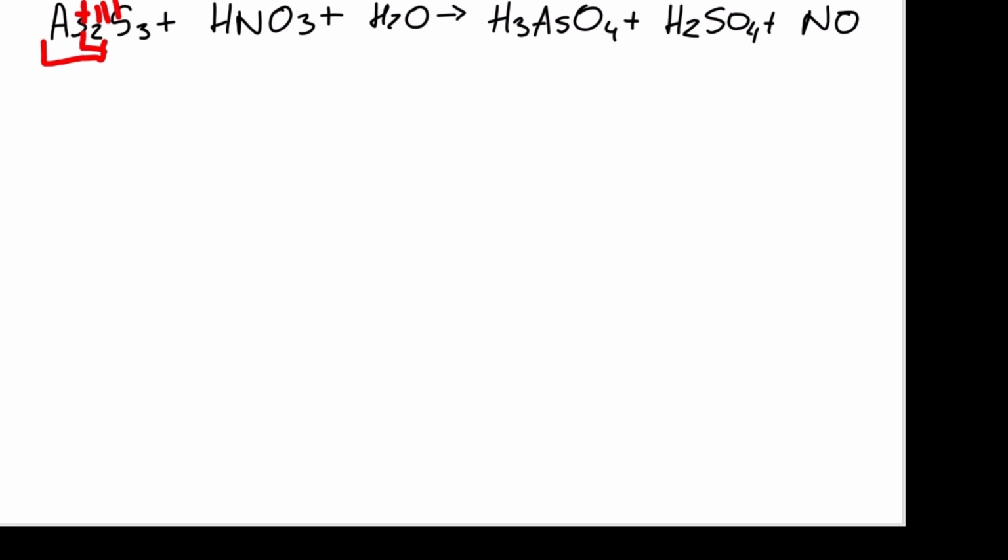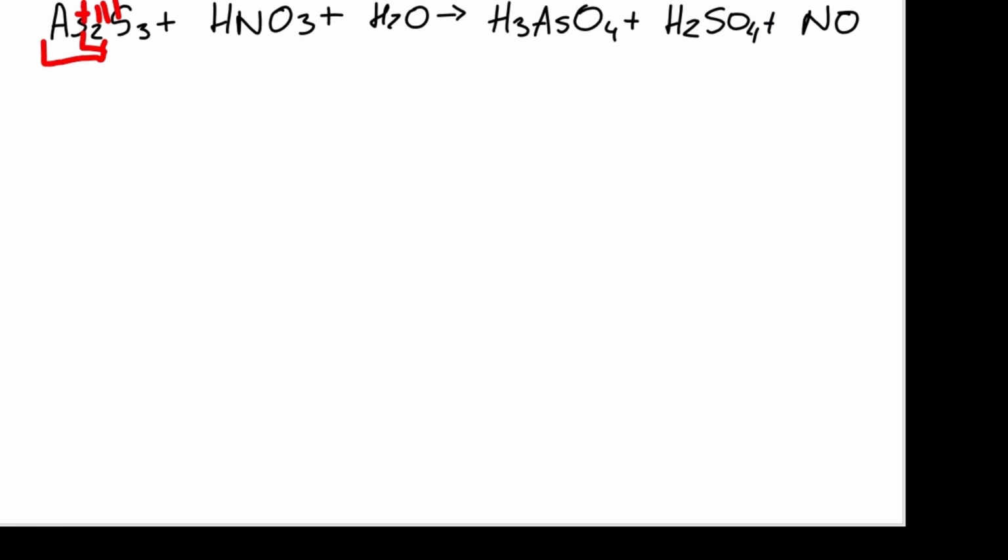The sulfur oxidation state in this compound is equal to minus 2. 3 sulfur atoms give us minus 6. So minus 6 plus 6 gives us 0.